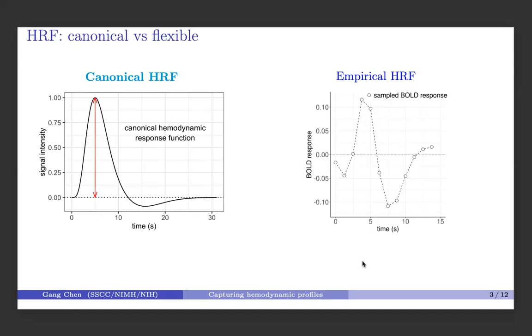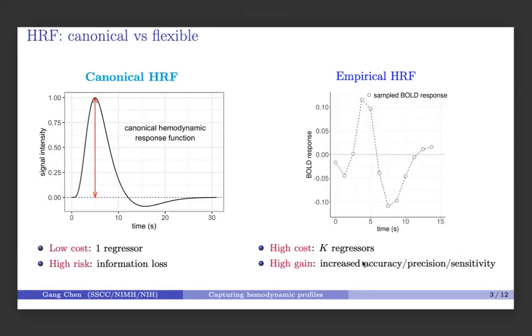Also, there's an initial dip right after the stimulus onset, and the peak occurs around 3.5 seconds, a little bit earlier than the canonical curve too. More importantly, the undershoot is about the same depth as the peak height. So there's a reason we can improve on the canonical curve approach.